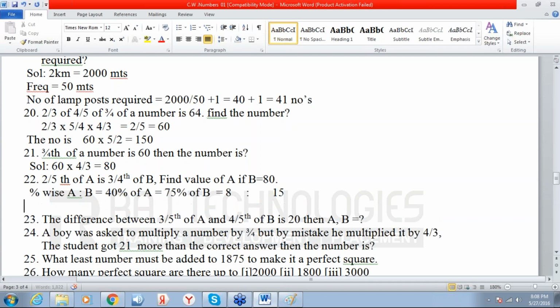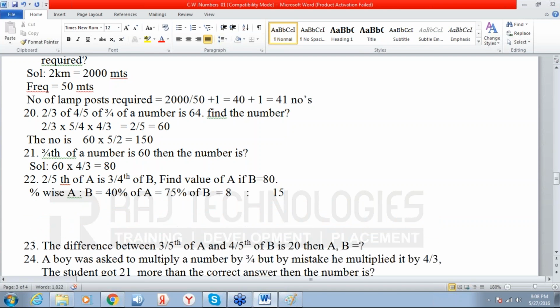Then what will be the value? Value of A is to B will be in what ratio? Percentage wise, they are in 8 is to 15.